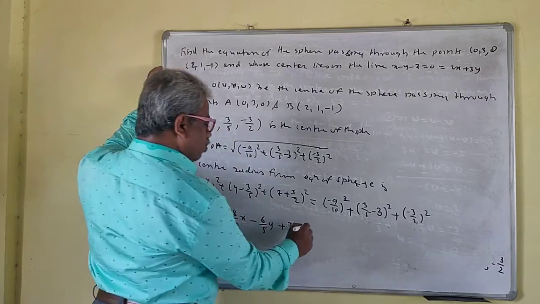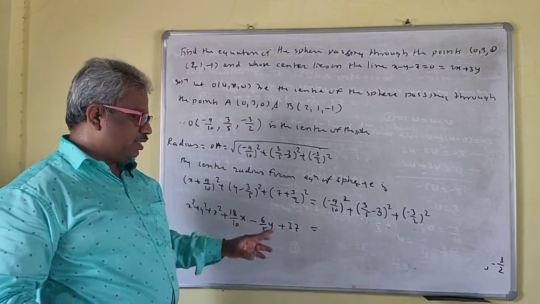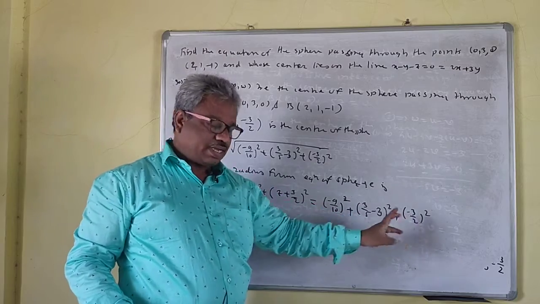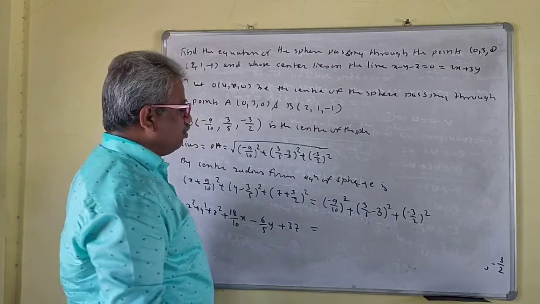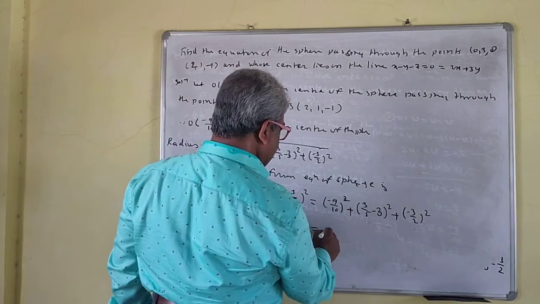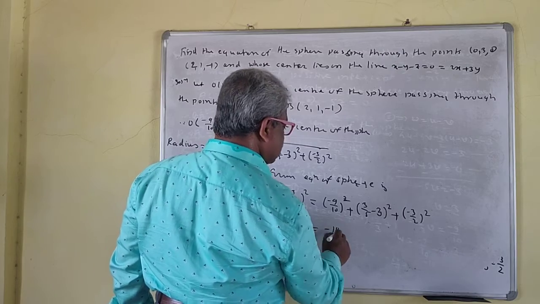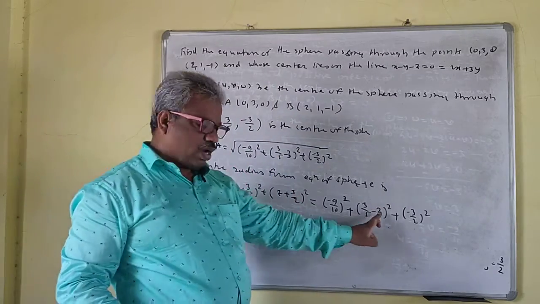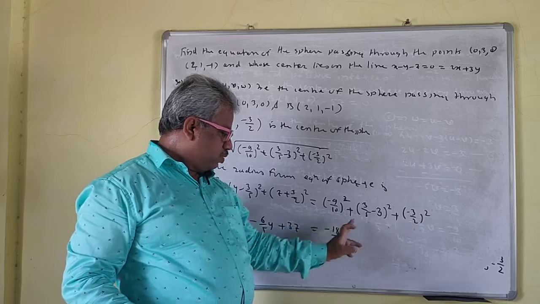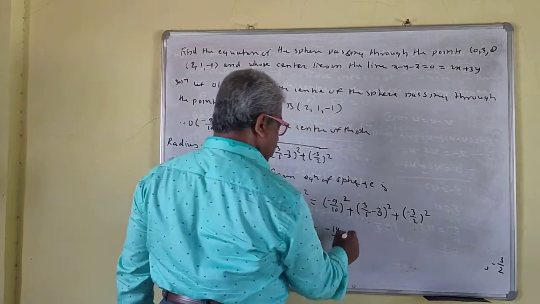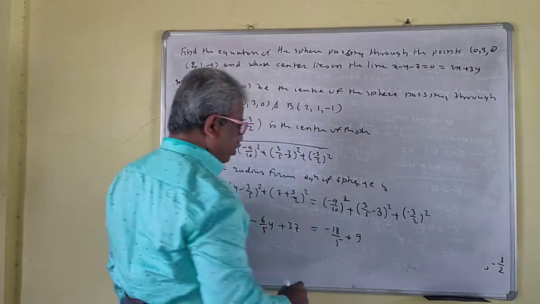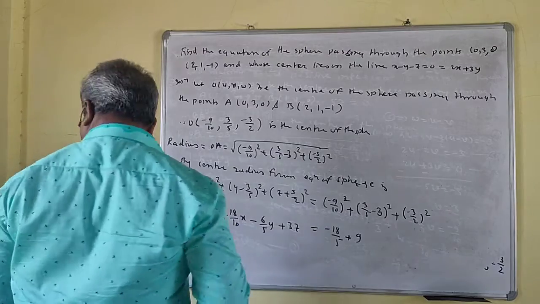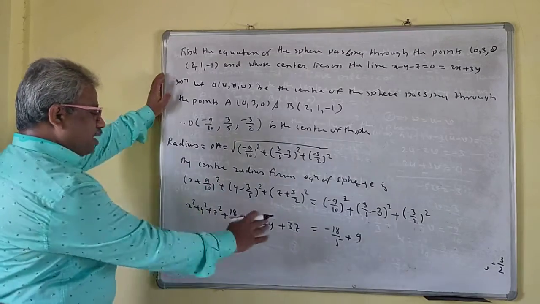Okay, so now this 9 by 10 square gets cancelled, this also gets cancelled. Only I have to collect the middle term. So that is minus 18 by 5. So the product is minus 9 by 5. So minus 18 by 5 and plus 9 now. Okay. So now we'll multiply by 10.